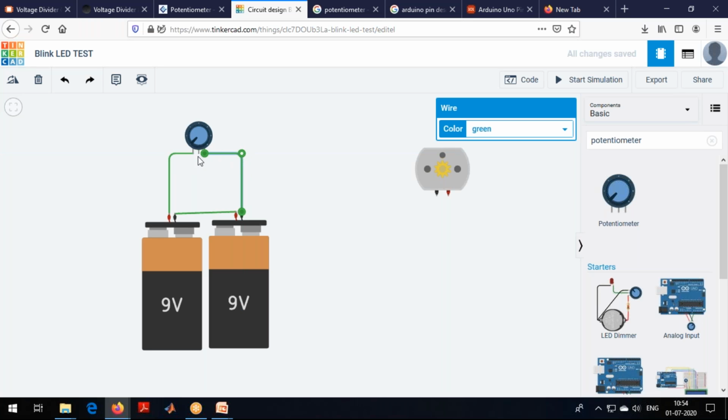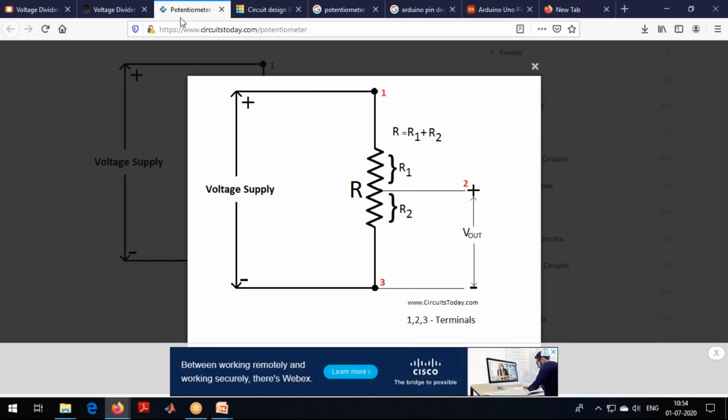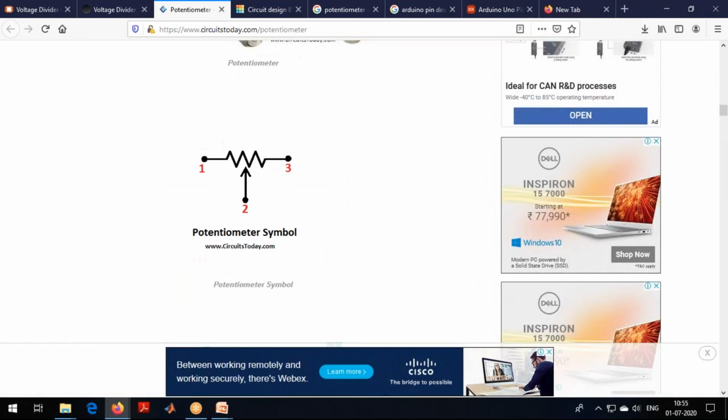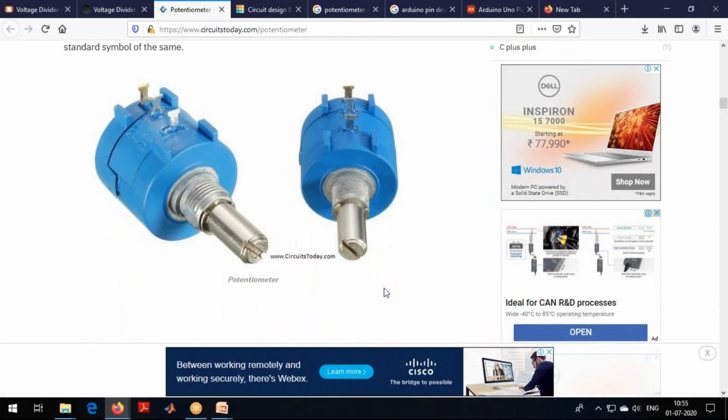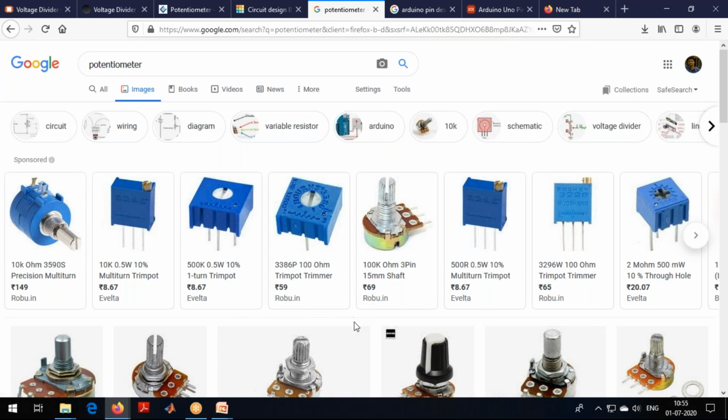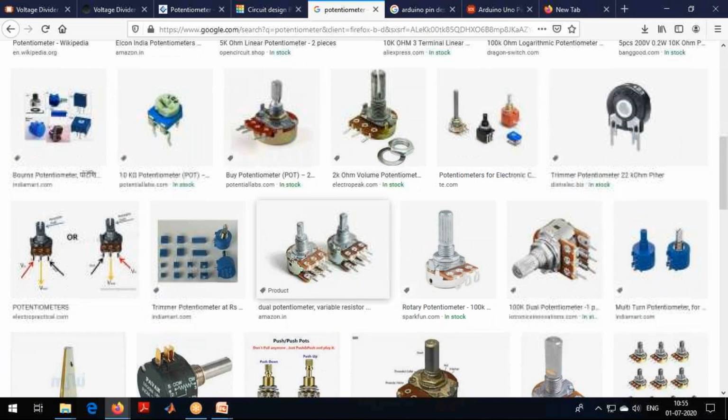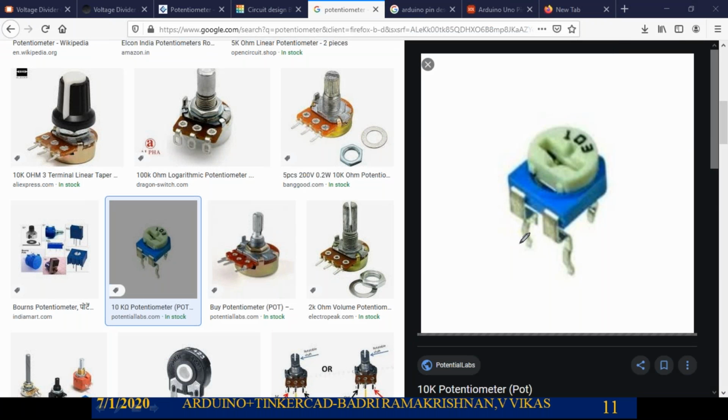It says terminal 1, wiper, and terminal 2. It means that when I consider a particular potentiometer, something like this, for this case this is terminal 1, this is terminal 2, and this is the wiper.